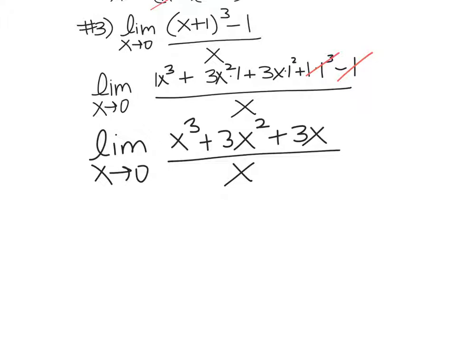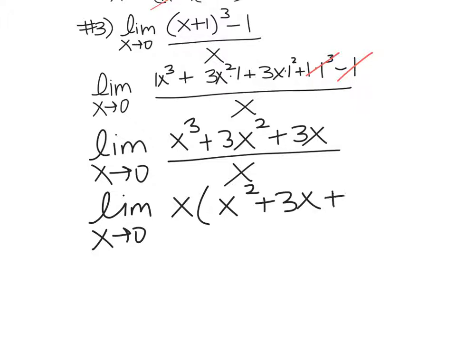So let's go ahead, and in the numerator, we're going to factor. We're going to factor out an x from all those terms, so that we're left with x squared plus 3x plus 3 over x. Do you have some algebraic foreshadowing happening, like you know what's going to happen next?